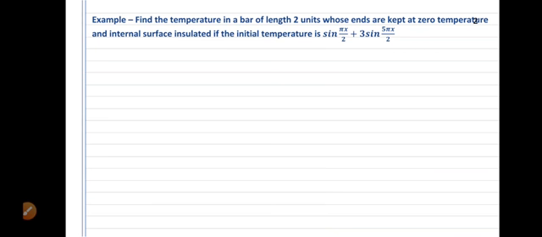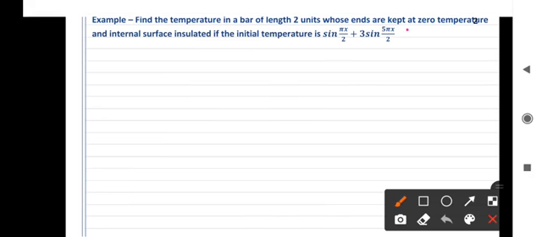The length of the bar varies from 0 to 2 units. So at the first end of the bar, x equals 0, and at the second end, x equals 2. At these two ends the temperature is 0. So u(0,t) is equal to 0 and u(2,t) is equal to 0.